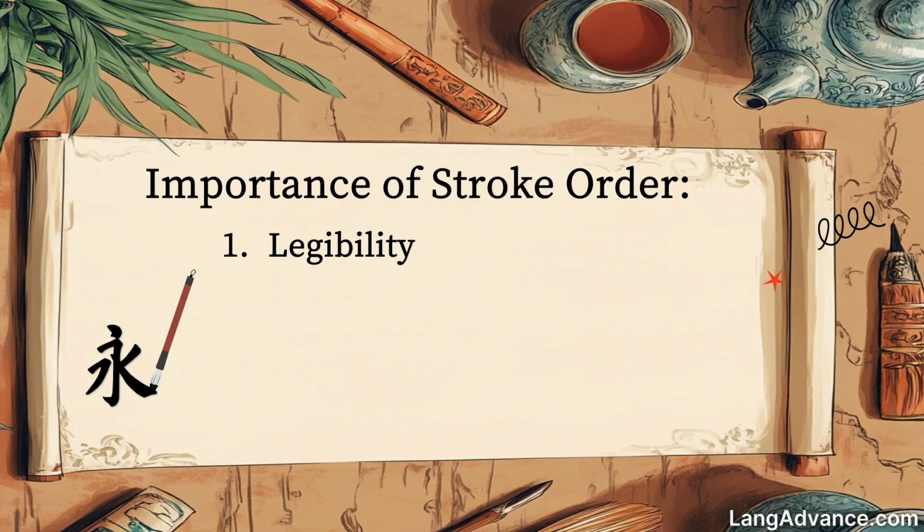So, when strokes are written in the correct sequence, the character takes on its intended shape and balance. Number two, efficiency. Following the standard stroke order allows for smoother, faster, and more efficient writing. Over time, you will develop muscle memory, making it easy to write characters quickly and accurately.